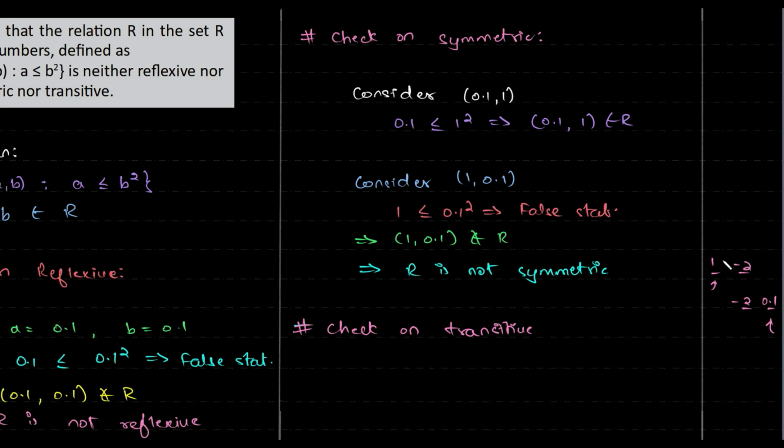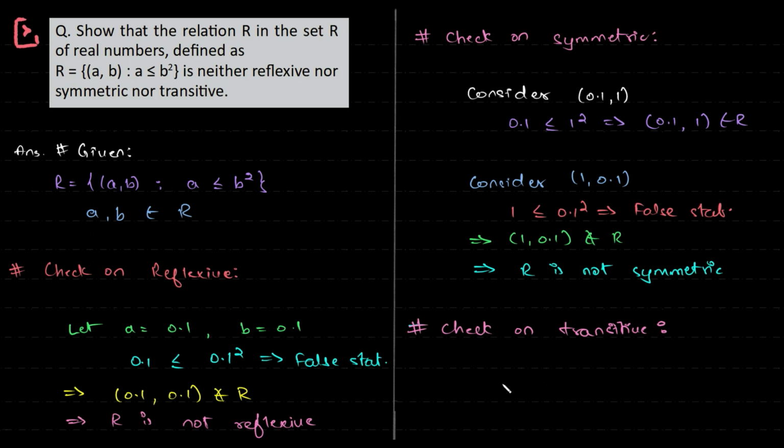But when I consider these two pairs, 1 is not smaller than or equal to 0.1 squared, same as what we did over here. So basically if you expand this, you will get this, right? And the negative number is the best thing to go about doing this. So 1, -2 and 0.1. Okay. So that's how you should sit and think, right?